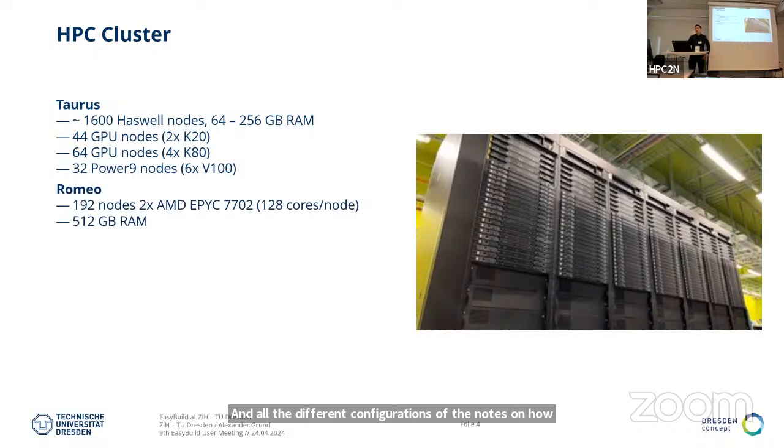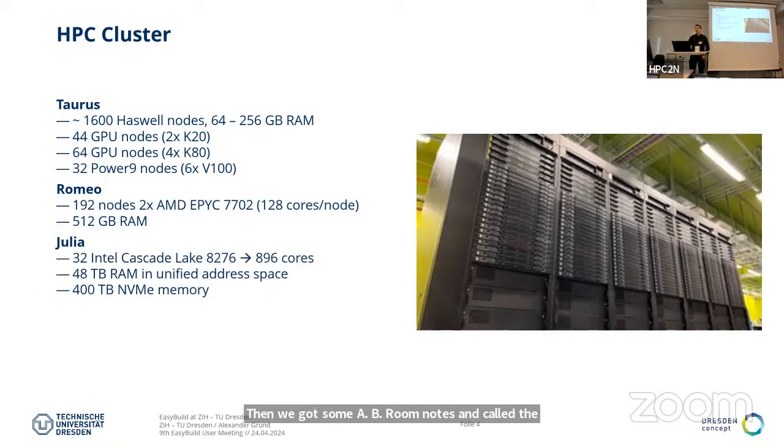Then we got some AMD Rome nodes and called the partition Romeo. And then, of course, there's Julia. That's actually a special partition which only has a single node with 48 terabytes of RAM. So you can do some actual large computing there, like Earth simulations, as it's all in a unified address space.